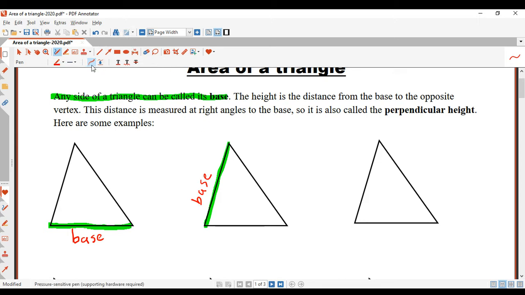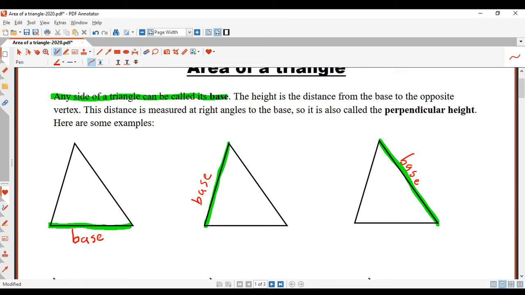And last of all, let's label a different side the base. So let's label this side here the base. So any side of the triangle can be the base.